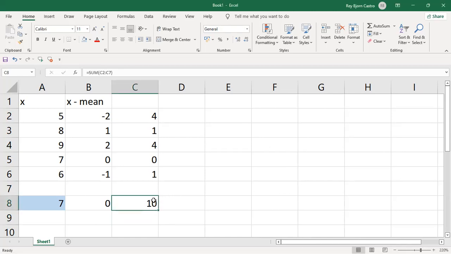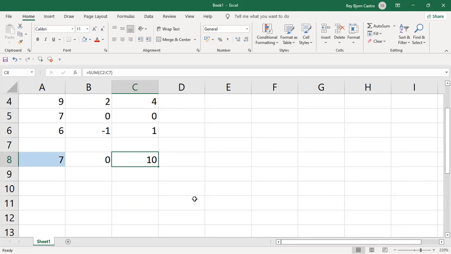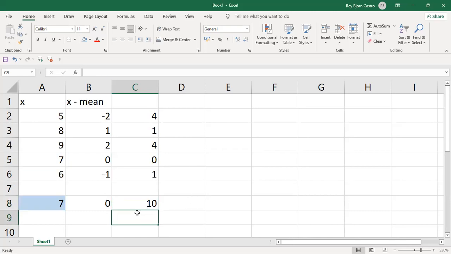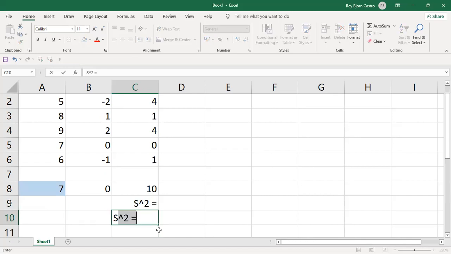And finally, to solve for the sample variance, para ma-solve natin ang sample variance, ang gagawin lang natin ay, so sample variance, siya yung S raised to 2. So ang sample variance, para makuha natin siya, small lang dapat.